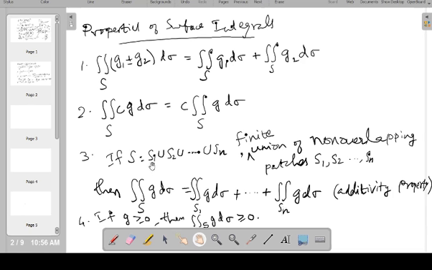So how will such a patch look? Suppose I draw a figure. The simplest case is the roof of a house. This is one patch, another patch is this, so this is the roof of a house. This is S1, this is S2, and these two are non-overlapping.